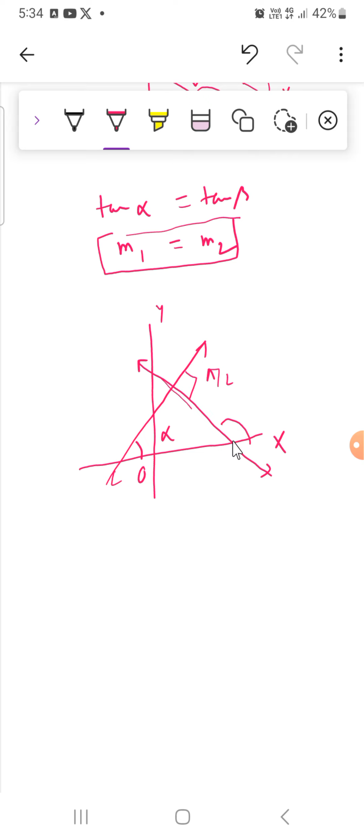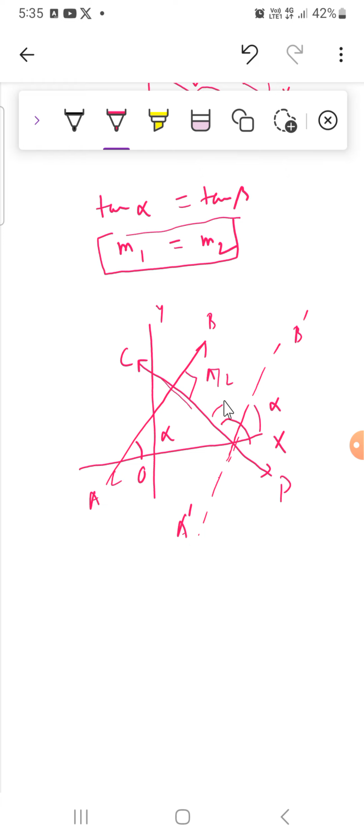If we take a parallel line like the straight line AB, and this is CD, and the parallel line A' B' has a similar angle alpha here, and since CD is perpendicular to AB, CD must be perpendicular to A' B' as well.